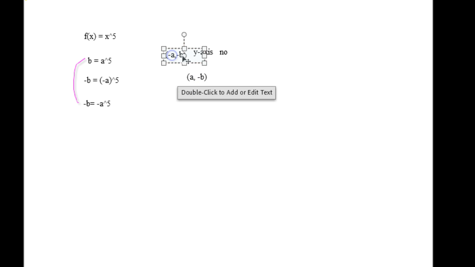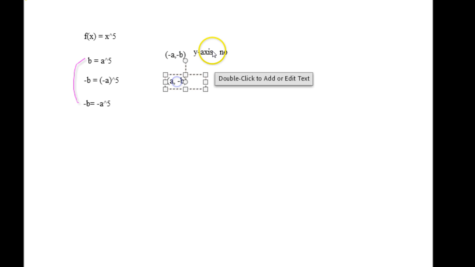Now if I plug in negative a comma negative b, if we just check out that other one, if I plug in both of those, oh geez, what am I doing? I accidentally tested out this one first, so let's move this one down here.